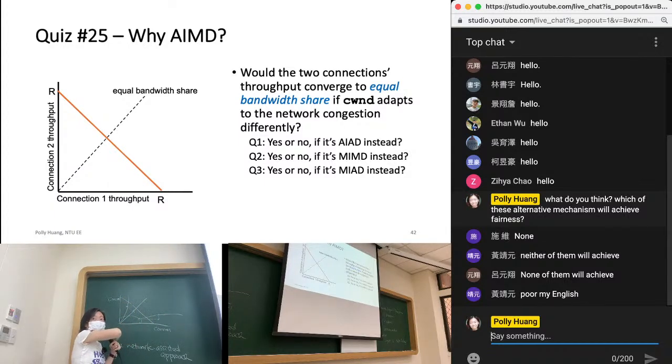It just comes back the same way. What about AD? AD is just linearly coming back. It's going to drift further away if the starting point is here. Similarly, it comes back, but drifts further away. So they are actually diverging from being fair.